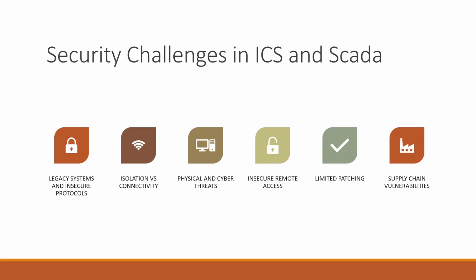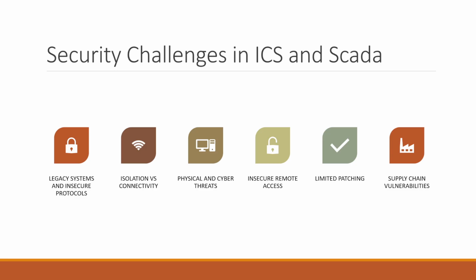Now, we have some physical and cyber threats here that we have to think about, meaning if a cyber attack does get into one of these devices, now we're talking about environmental hazards or even human life. Because even if it's just an HVAC and they just crank the heat in your data center, that's one thing. But what if they start affecting power grids or water treatment plants in a large scale environment? They could actually cause harm to humans.